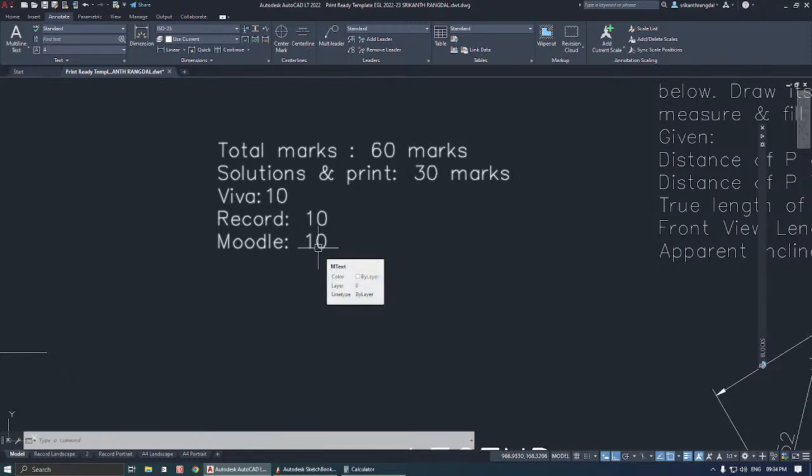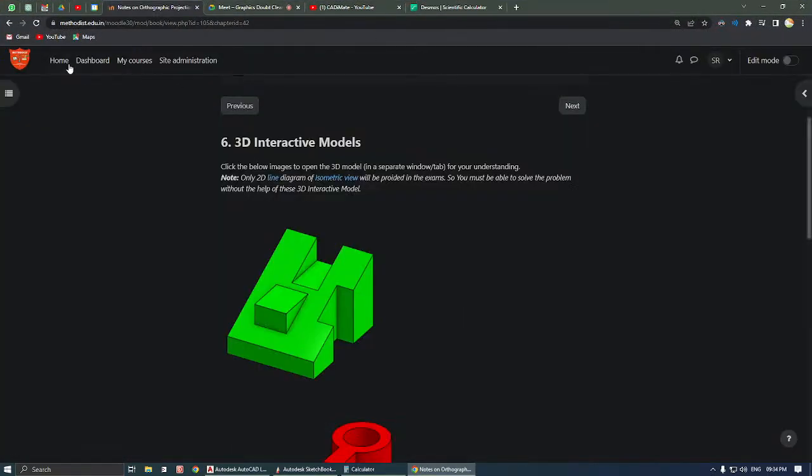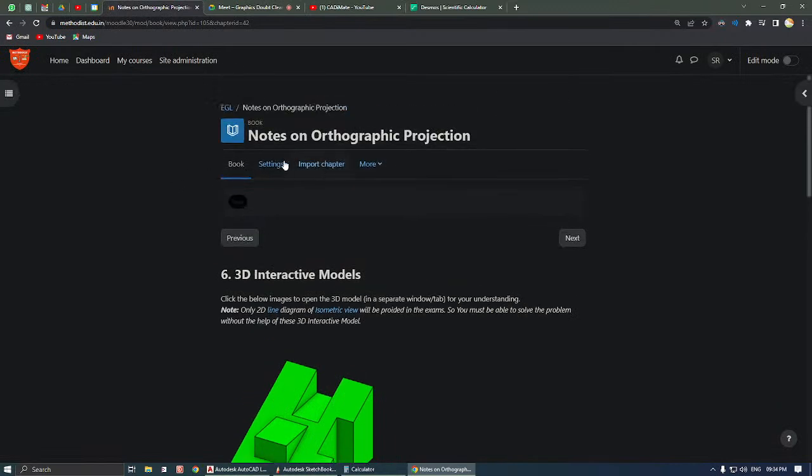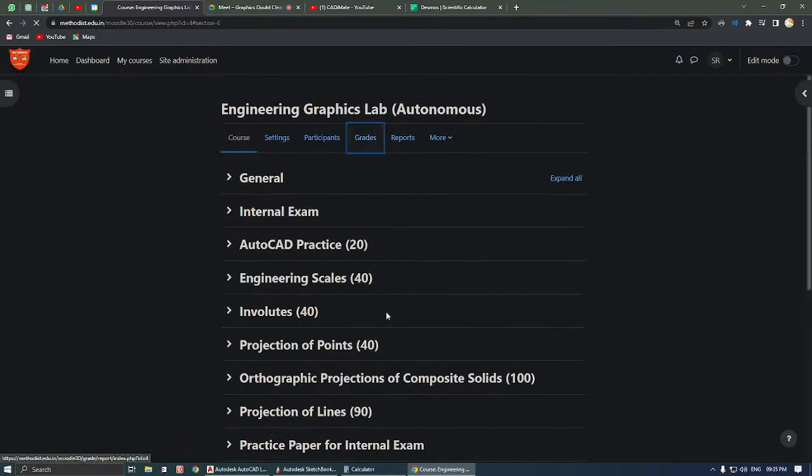Any other doubts? Let's check your grade as well, your B section grades. The internet is slow, it's not loading. Okay, so let's go to grades. Check out the B section grade. What is the maximum value?